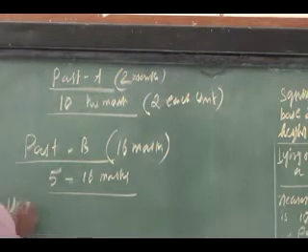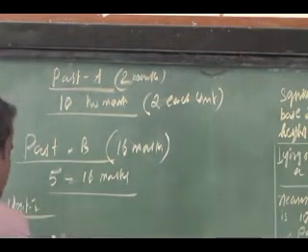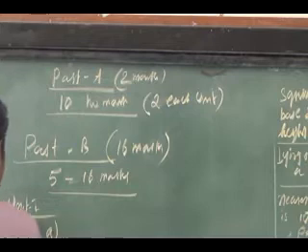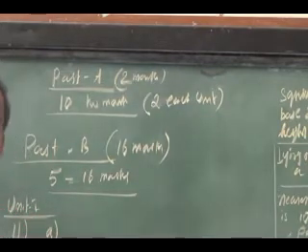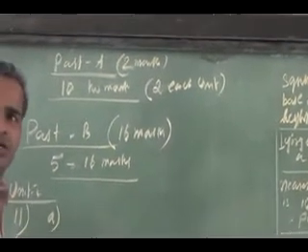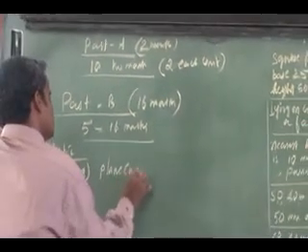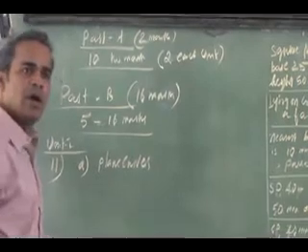So unit 1, what is unit 1? The first part is subdivision A. So this is my 11th question. 11th A will be in your plane curves. Plane curves in the sense, what you have?